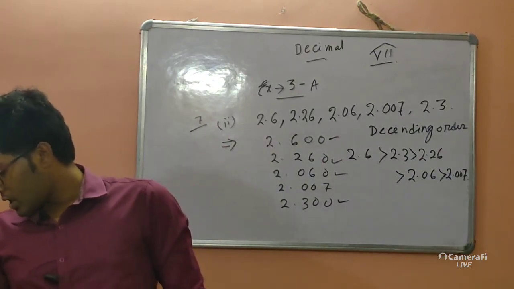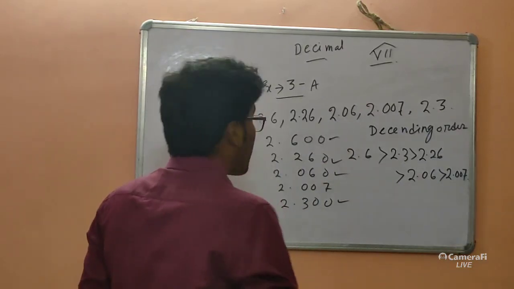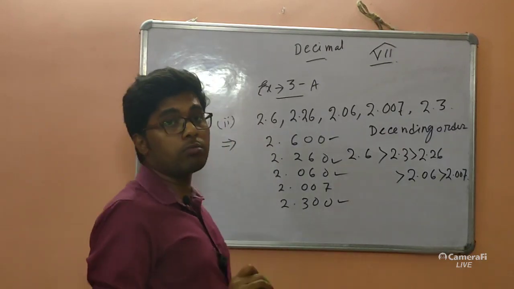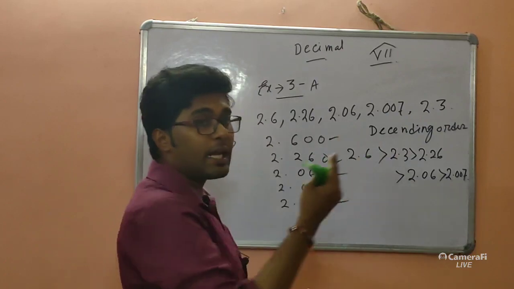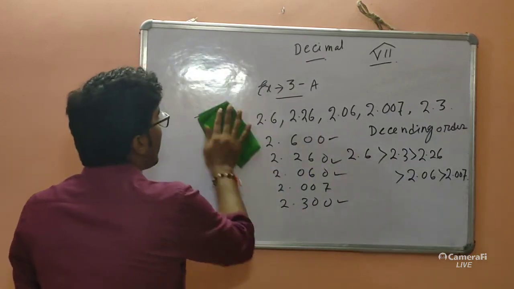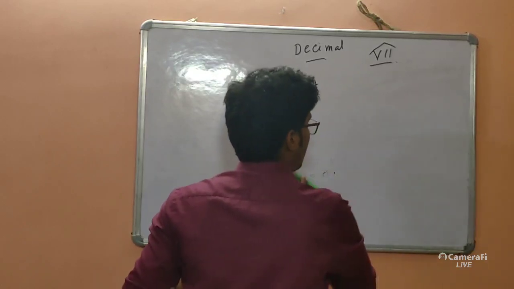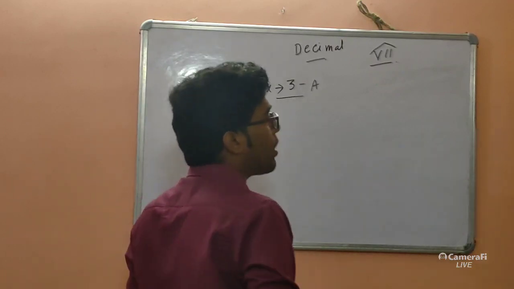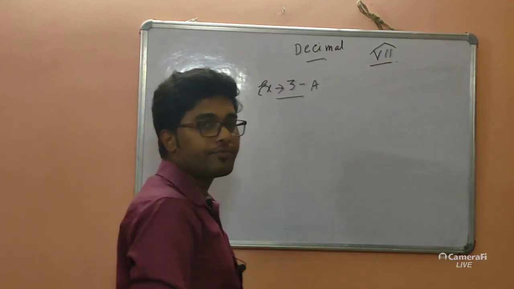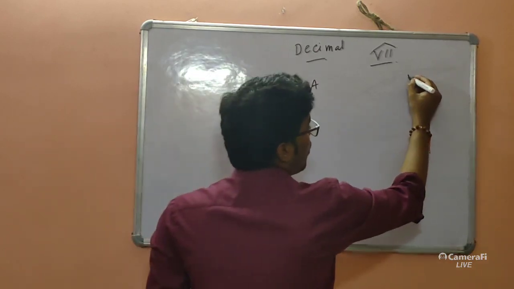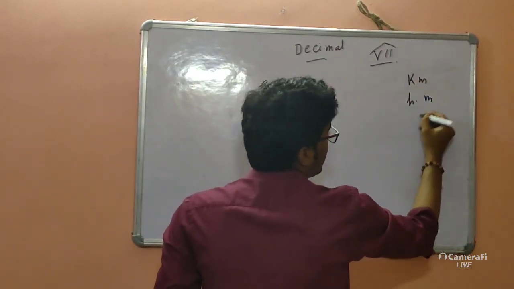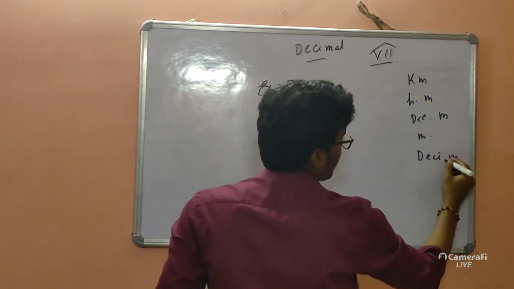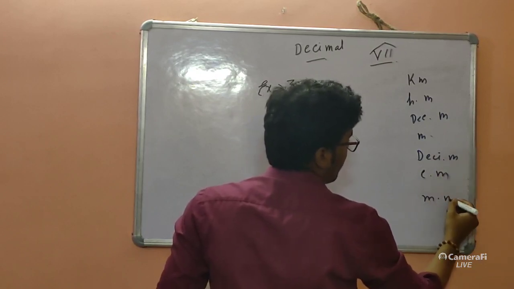Let us move on and do question number 8. Here the conversion will be required. Conversion means, those who have learned in your junior classes, kilometer, hectometer, decameter, meter, and so on. We will revise that concept once more. So remember this sequence you have learned in your junior classes: kilometer, then hectometer, then decameter, then meter, then decimeter, then centimeter, and then millimeter.